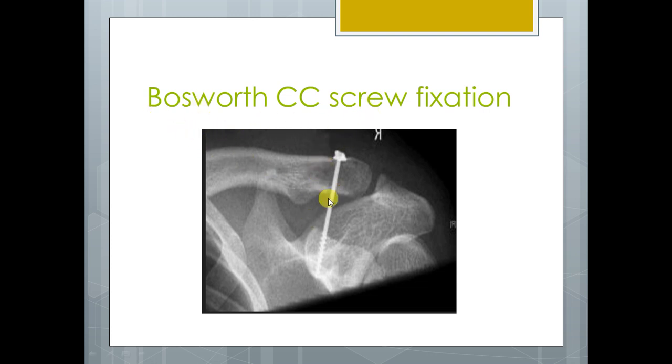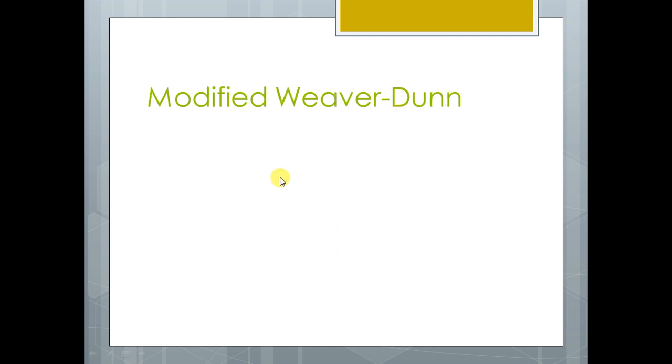The Bosworth screw is historical. One screw, either 4.5 or 6.5, from the clavicle to the coracoid, is obsolete nowadays. Clavicle fracture, screw fracture, or coracoid fracture will occur.